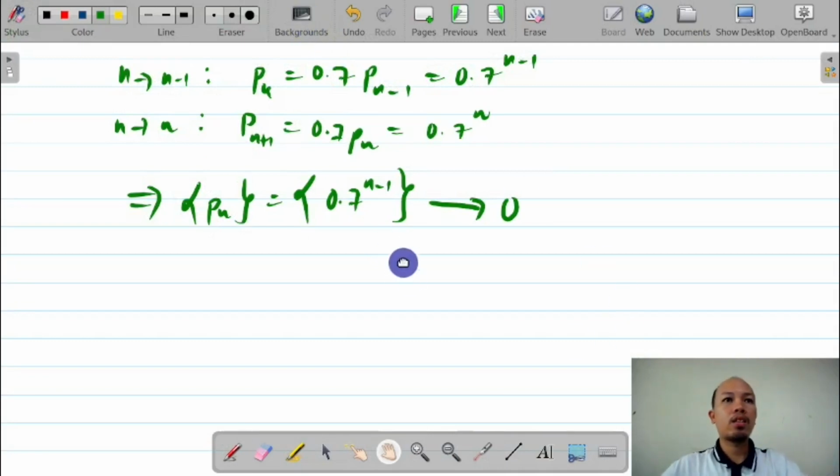But let's go now to applying definition 24. Let's show if the sequence is linearly convergent or not.